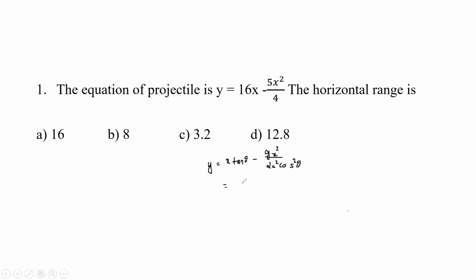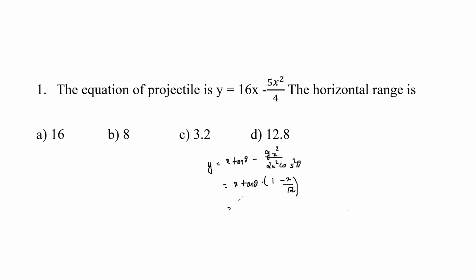We can write this as x tan theta into bracket, 1 minus x divided by r, because we already know the formula for r, that is horizontal range. So by using that, we can simplify this equation as x tan theta into bracket 1 minus x divided by r.